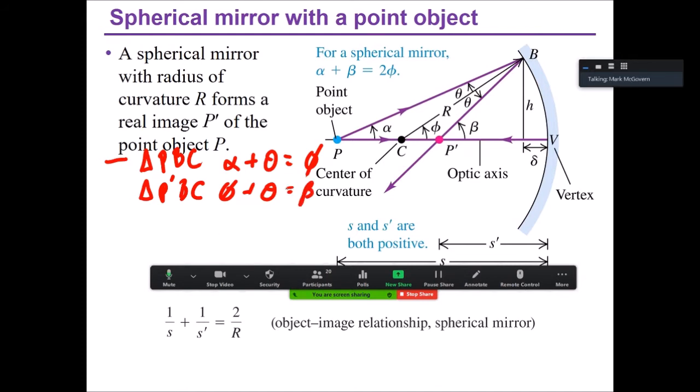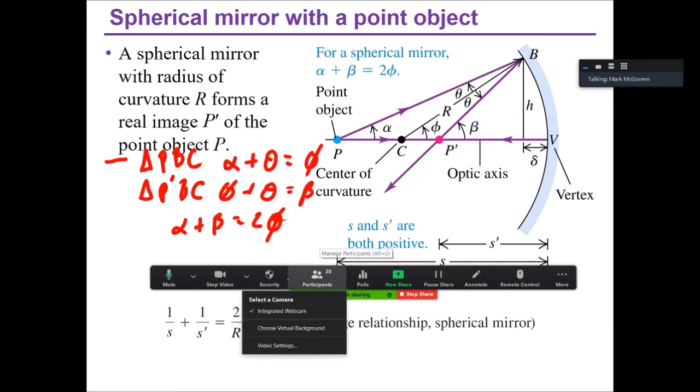When you combine these equations together, because you have these thetas and these phis, if you add all this up, you end up getting that alpha plus beta is 2 theta. Oh, it's phi, not theta. I was like, what is going on? So that works. Alpha plus beta equals 2 phi. So alpha, beta, 2 phi there.